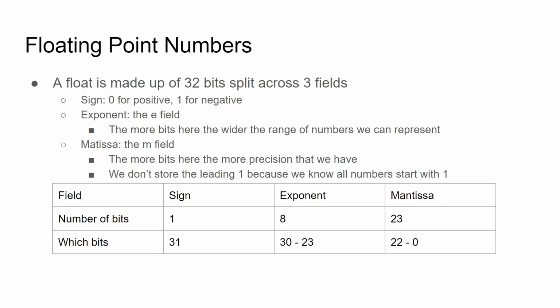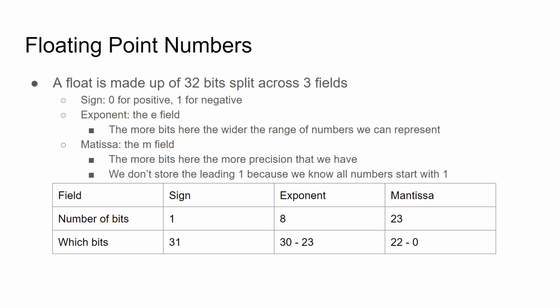Okay. So our float itself is made up of 32 bits split across 3 different fields. The first bit is the sign field, and if that bit is 0, it means positive. If it's 1, it's negative. The exponent field is the next 8 bits. The more bits we have here, the wider the range of values that we can represent, right?